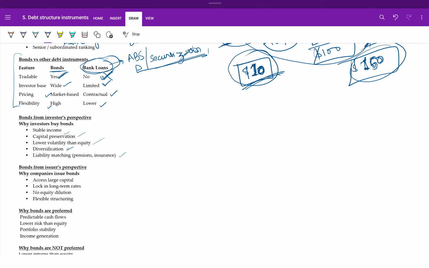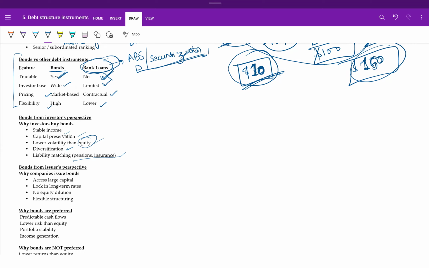Pension and insurance funds are majorly into fixed income securities. Bonds actually provide peace of mind, not excitement, but equity does. Investing in equity is for those people who love taking risk.